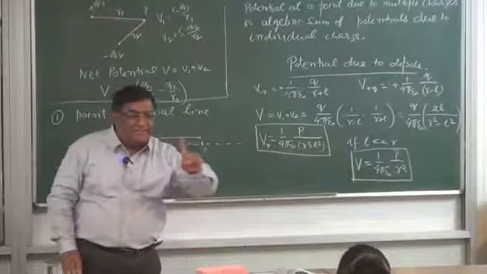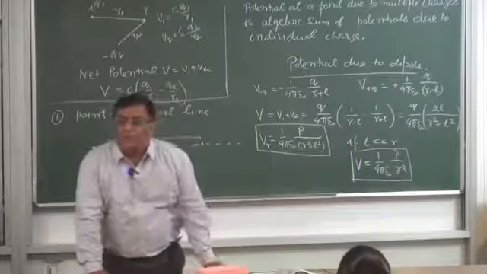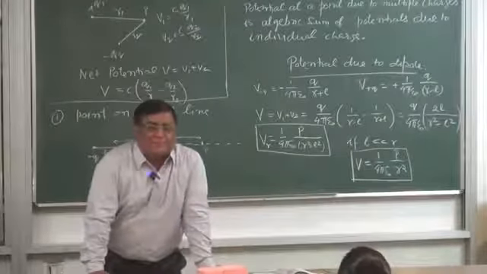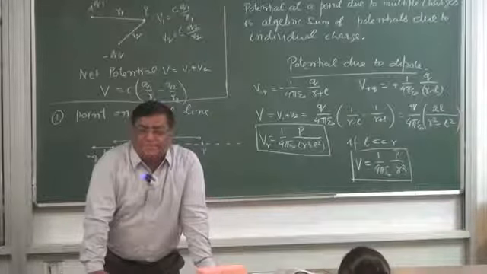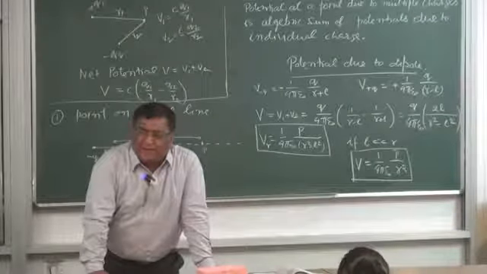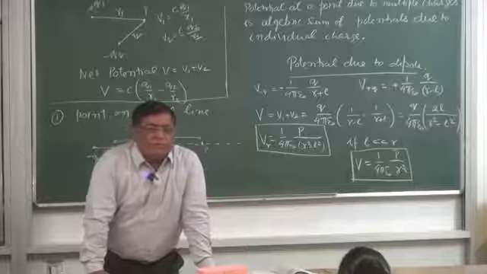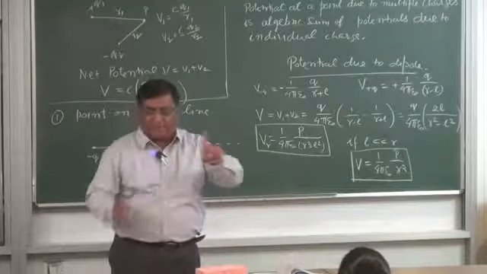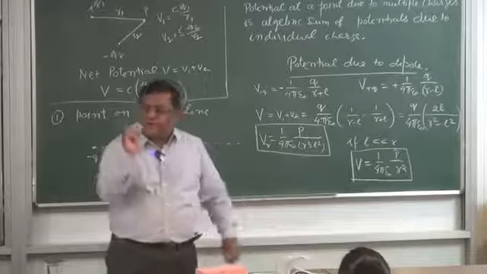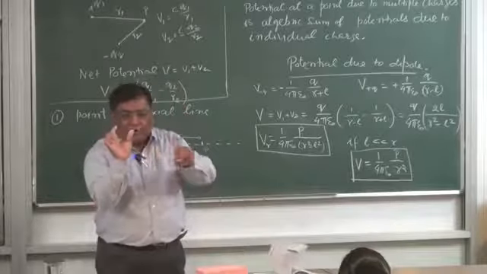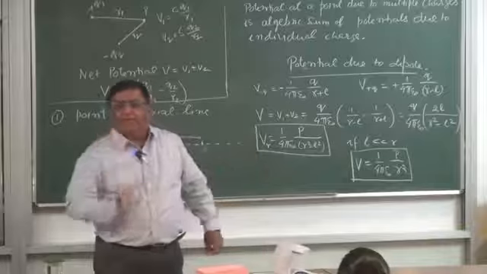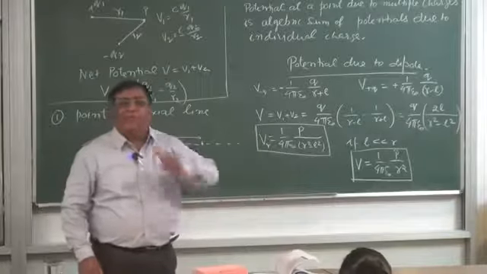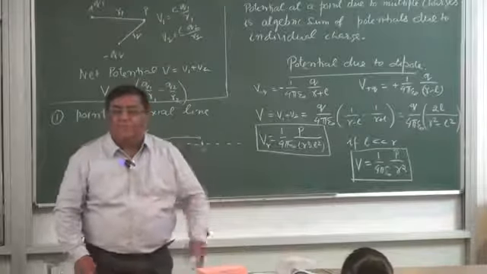When we increase the distance, which potential depletes faster? Potential due to point charge goes on decreasing with the distance. Potential due to dipole also goes on decreasing with the distance. Which depletes faster?